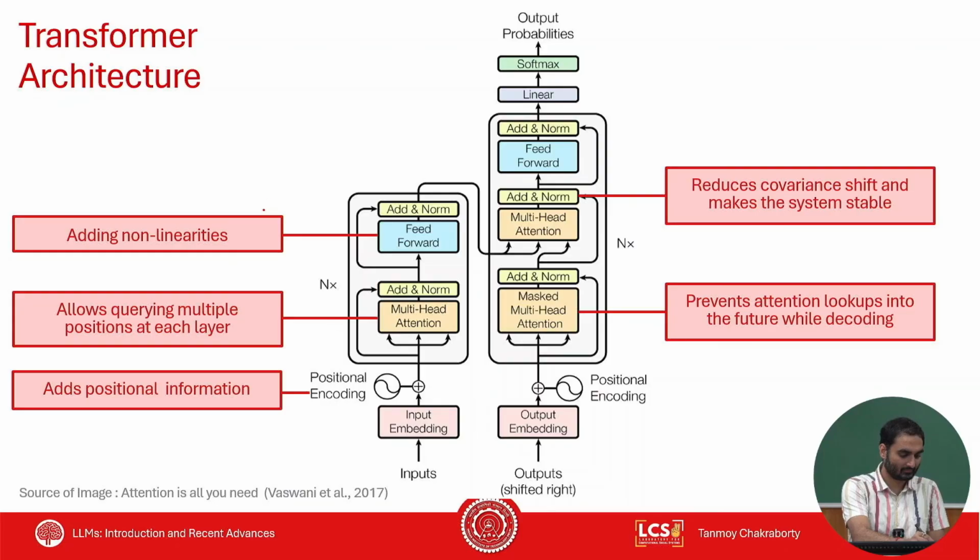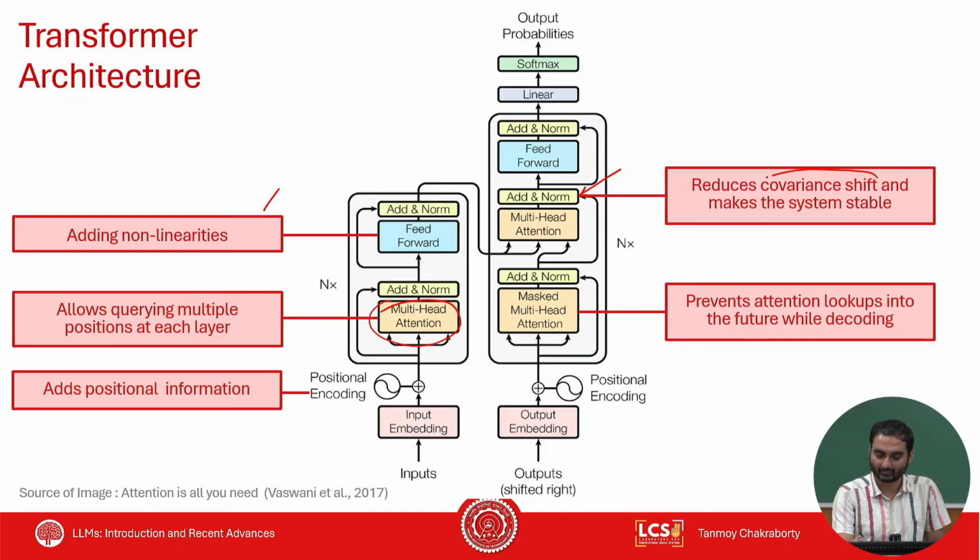Now this feed forward network will act as a nonlinear module. This self attention will help you pass messages from one position to another position. I mentioned earlier that self attention is nothing but a memory fetching operation, and the add norm layer will also help you reduce the covariance shift.